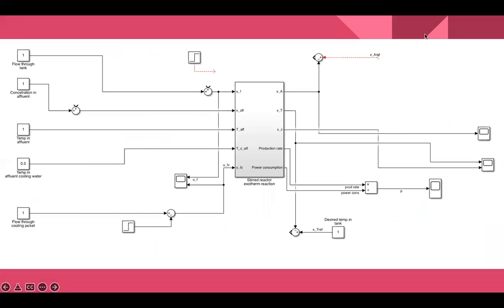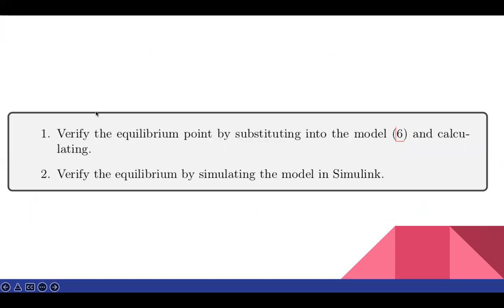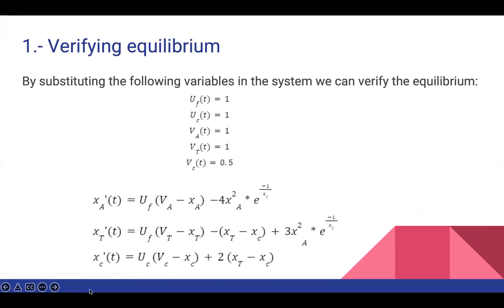In this simulation, we have the same tank system as the last slide, and we can see all our inputs and outputs. First, we are going to check if the system is in equilibrium. Here are the instructions, and for this, we have the given values for each variable at the entrance.